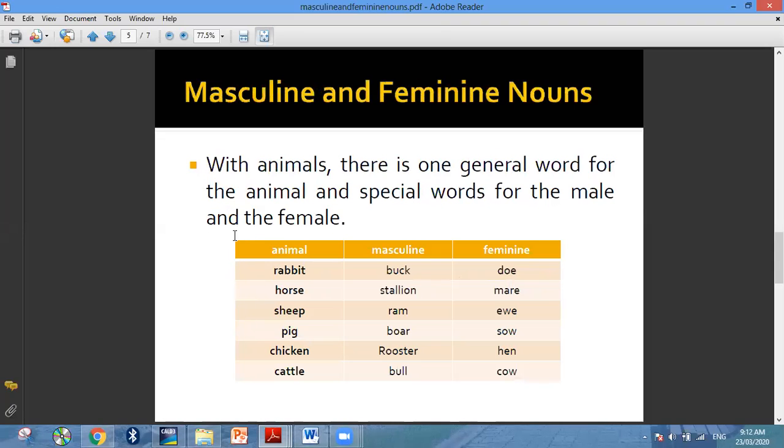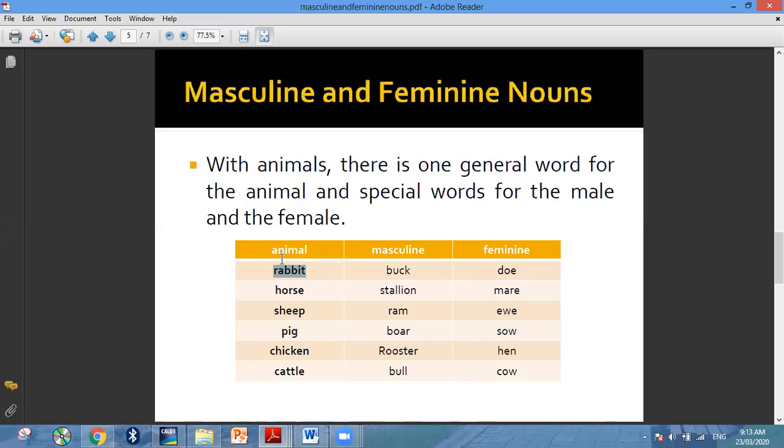Some animals, not all of them, have a name for the species or for the animal itself, and they have a different noun for the male and another noun for the female. Like rabbit, this is the name of the animal itself, and can be used for both.